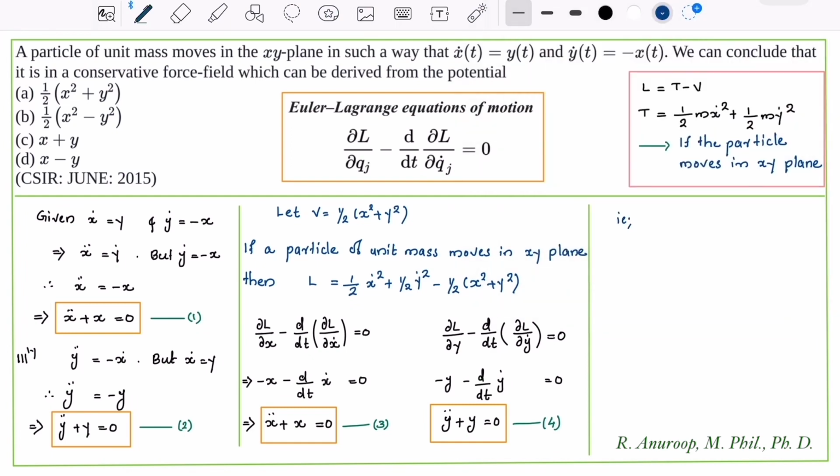That is, x double dot plus x is equal to 0 and y double dot plus y is equal to 0 is possible if the potential V is equal to half x square plus y square. Hence, from the given options, option A is the right option.